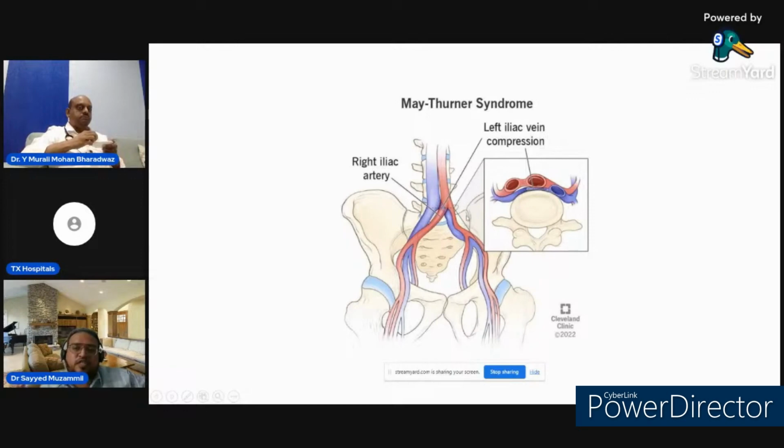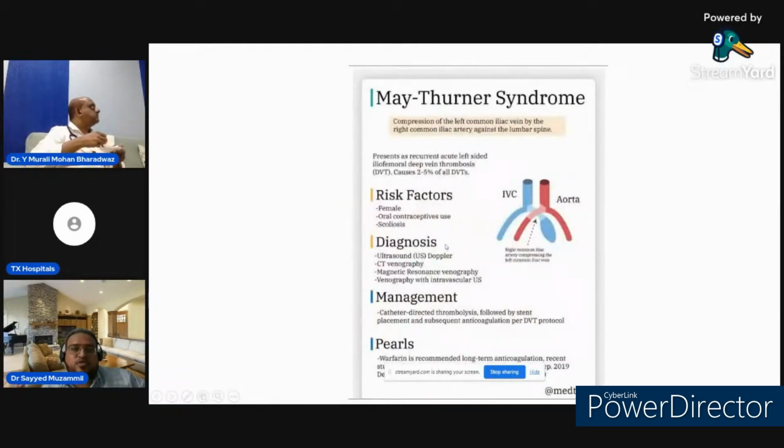As the vein gets compressed, stasis happens in the left common iliac vein, and this stasis creates hypercoagulability and DVT develops. This usually presents in young patients, especially ladies, with recurrent acute left-sided iliofemoral deep venous thrombosis. 2 to 5% of cases of DVT are due to May-Thurner syndrome.